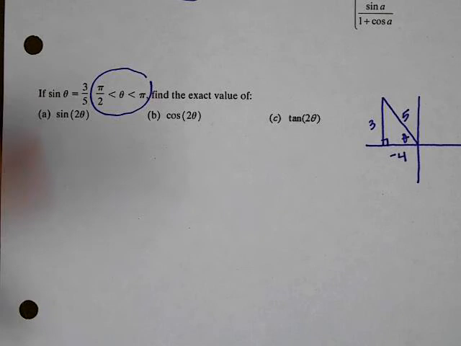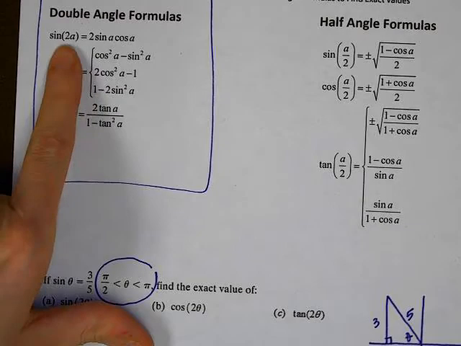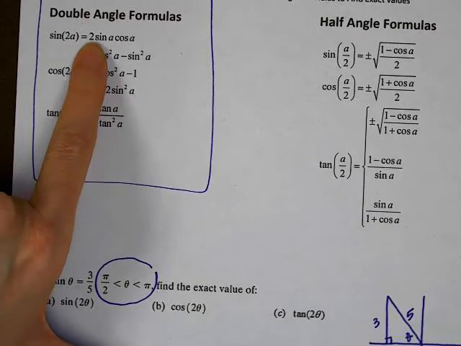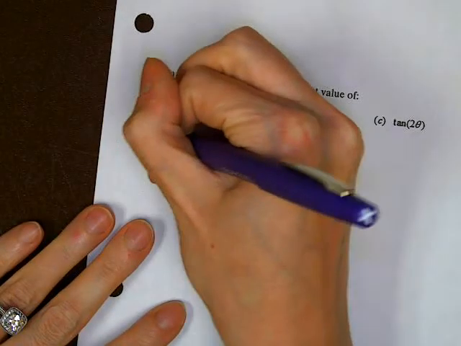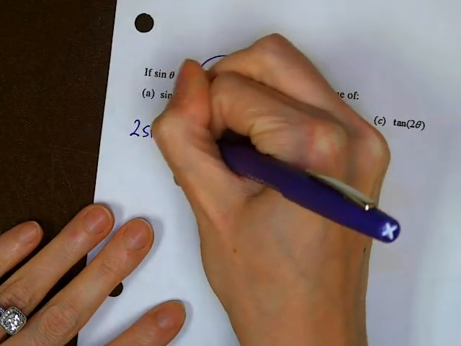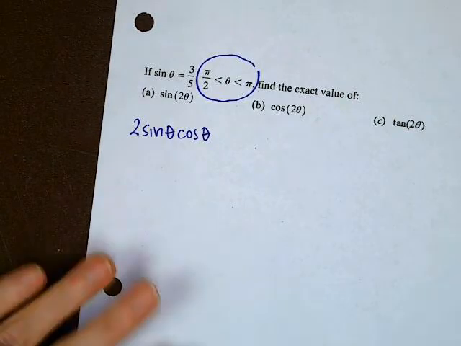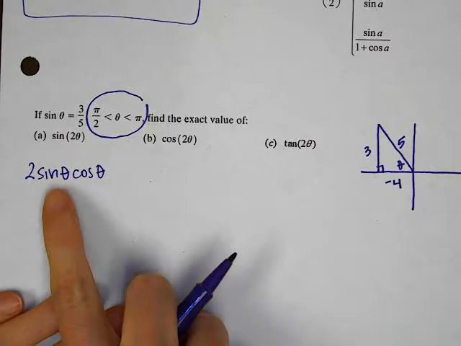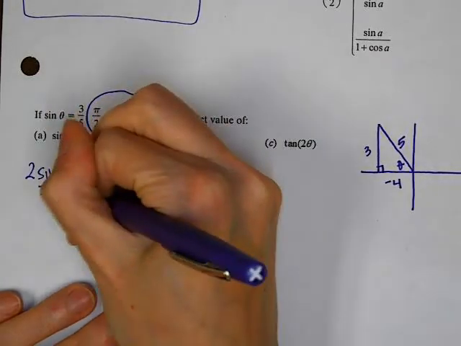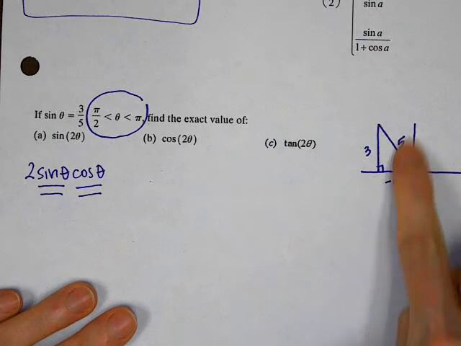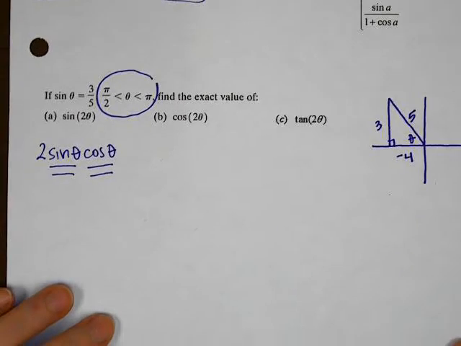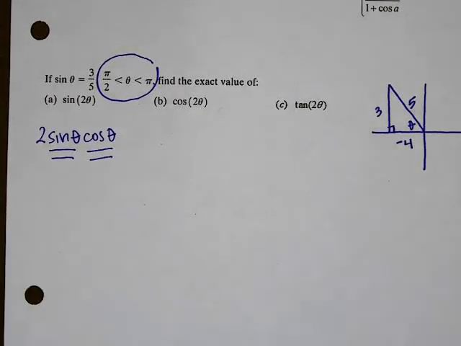Okay, so sine of 2 theta, we're going to use the double angle formula. It's equal to 2 sine theta cosine theta. And this isn't too bad because we know sine theta and cosine theta just based on their triangle ratios of the triangle here.